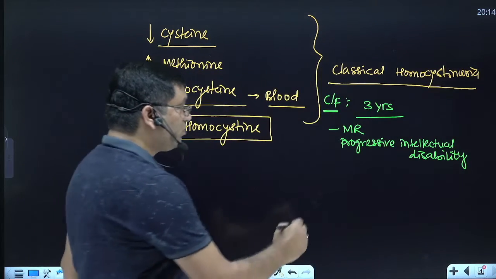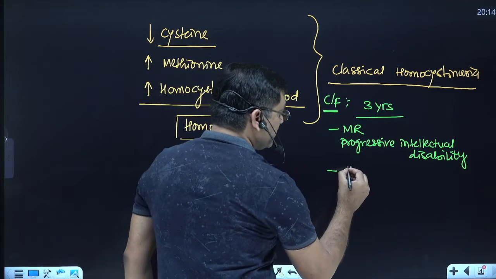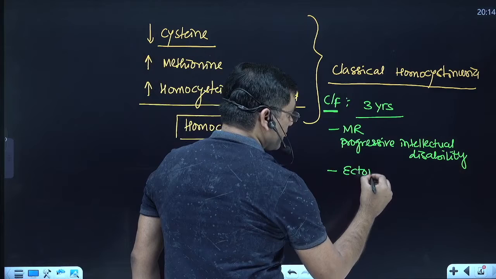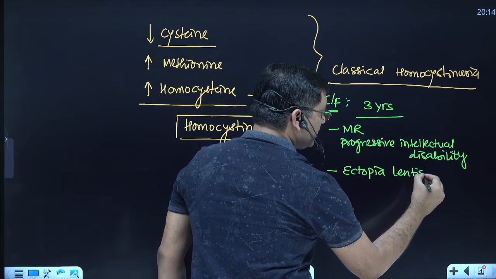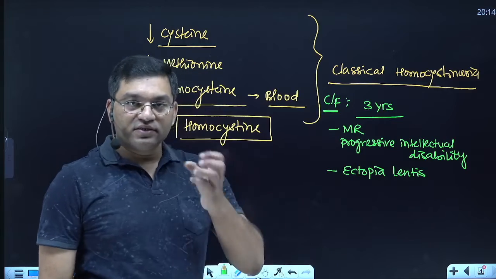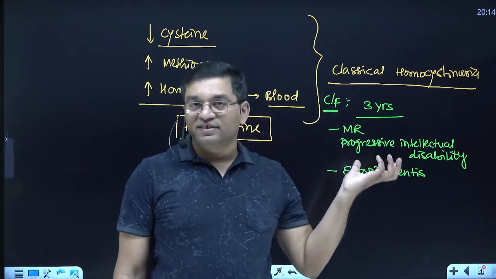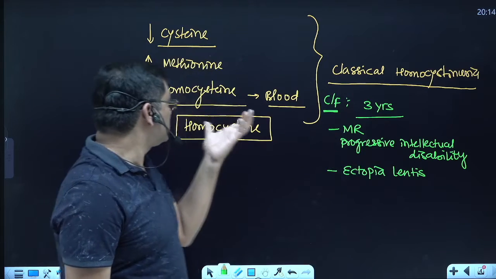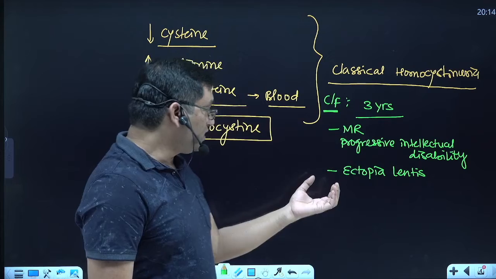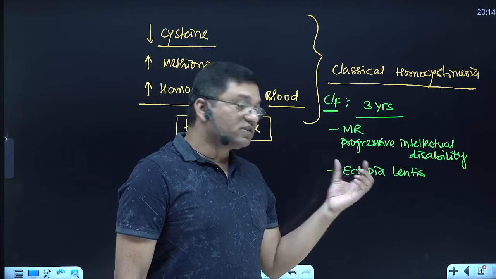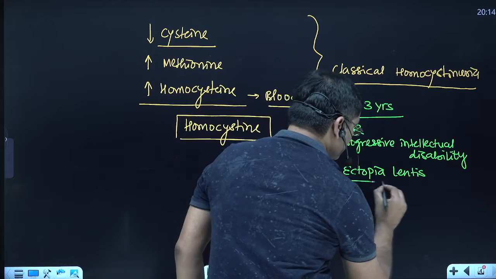Then the important and key feature of this disease is ectopia lentis. Ectopia lentis means subluxation of the lens, which occurs because homocysteine interferes with collagen formation.